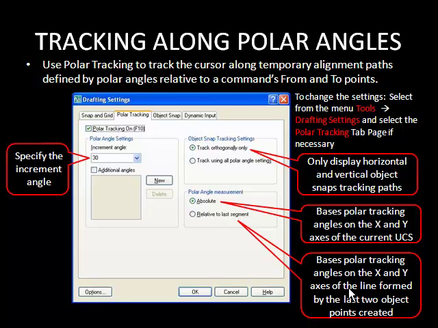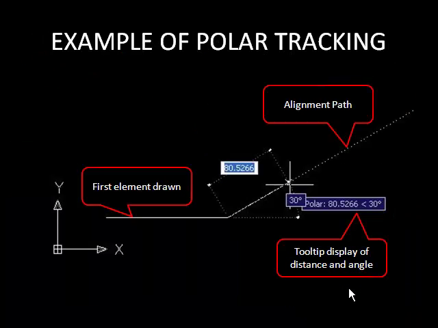There you can see the increment angle, which is very important to specify. You can also specify additional angles. If you want it different from drawing to drawing, you will have to set this every time. And then you have all your options.